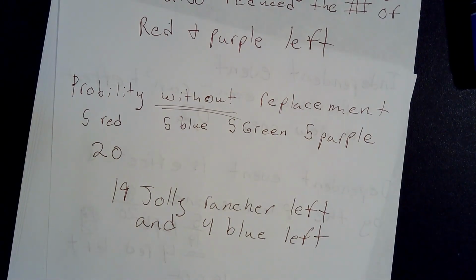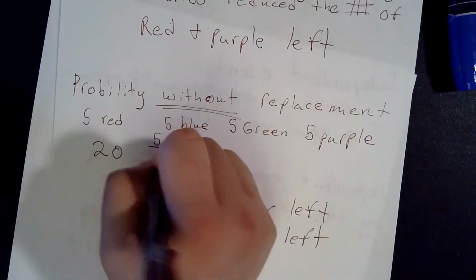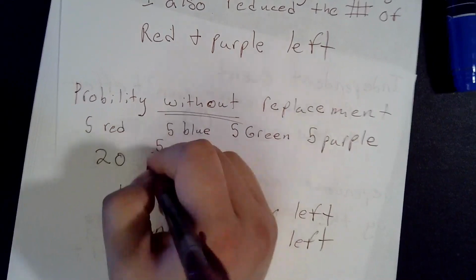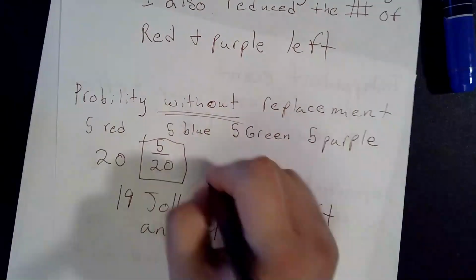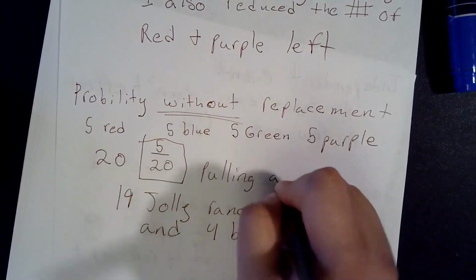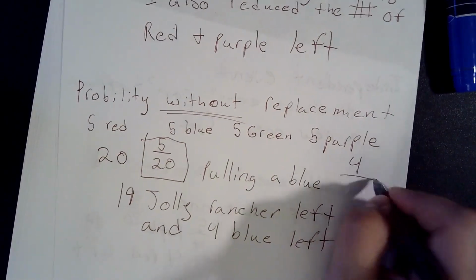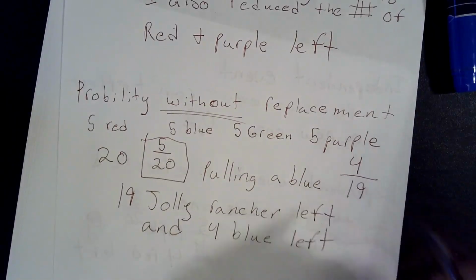So now, instead of having a 5 out of 20 chance of pulling a blue, I now have a 4 out of 19 chance, right?